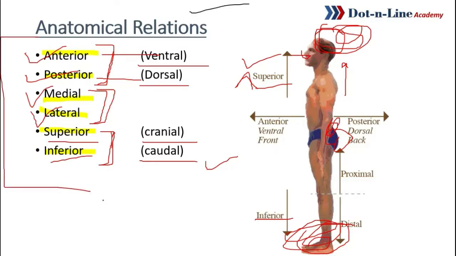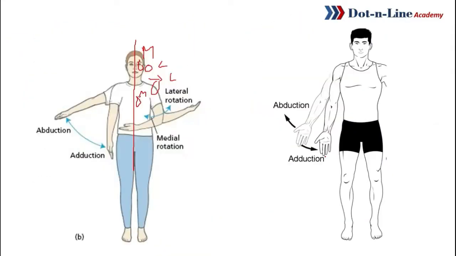There are two more terms also used, proximal and distal. Anything that is away from the body is distal. Anything that is close towards the body is proximal. Proximal and distal are mostly used in the upper and lower limb. For example, the hands are distal and the shoulder is proximal, and if you are relating the elbow to the hands, then the elbow is proximal, the hands are distal.